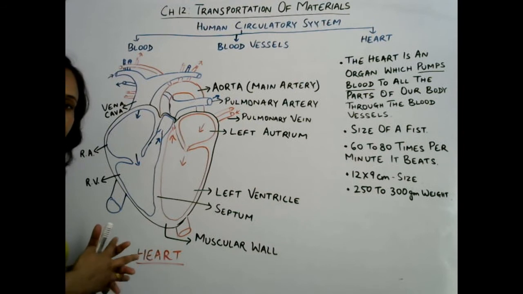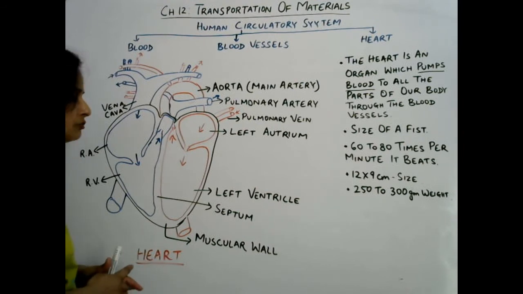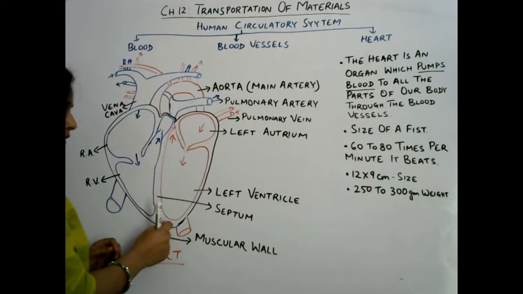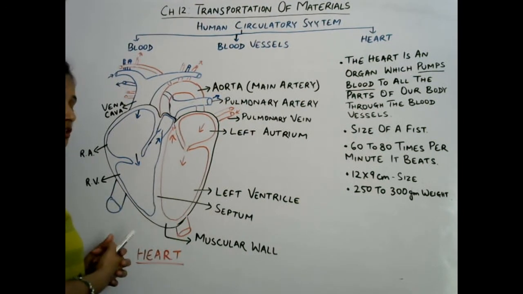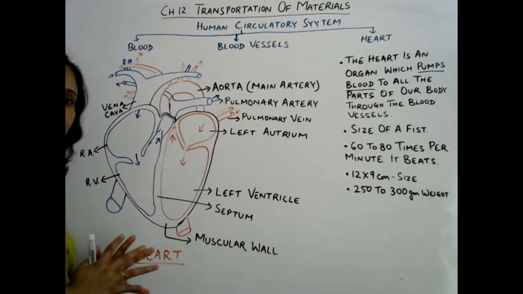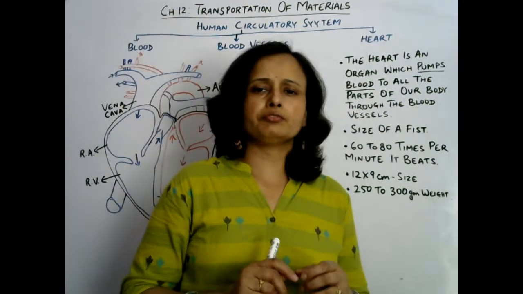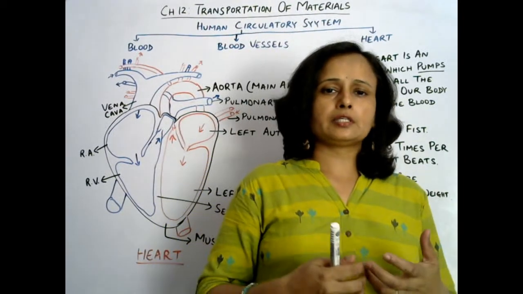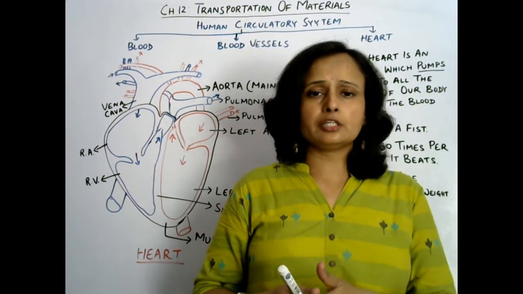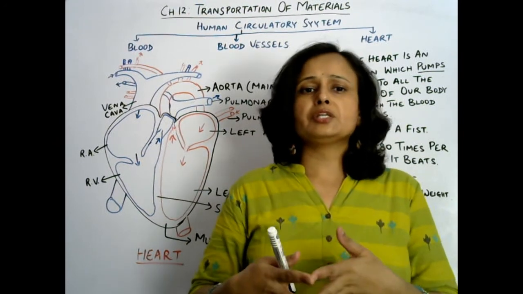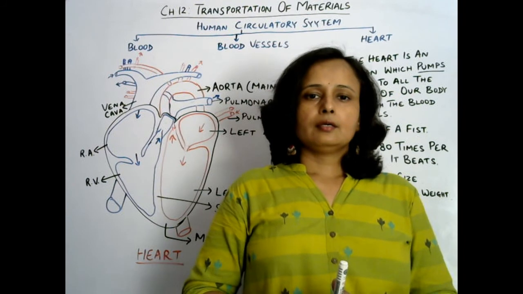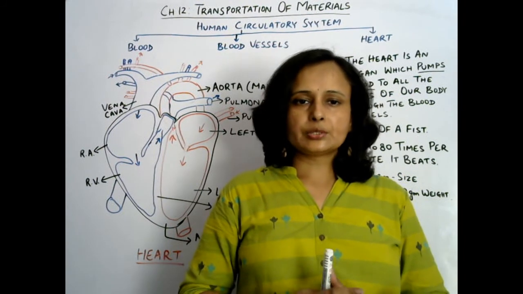That muscular layer basically protects the heart from any kind of jerk, any kind of injury, and a fluid is also found in this layer of the heart, in this outer covering of the heart, that protects heart from any kind of friction, jerk, and in fact it protects it if we meet any accident in that case also. Correct? I hope you understood the structure of heart.